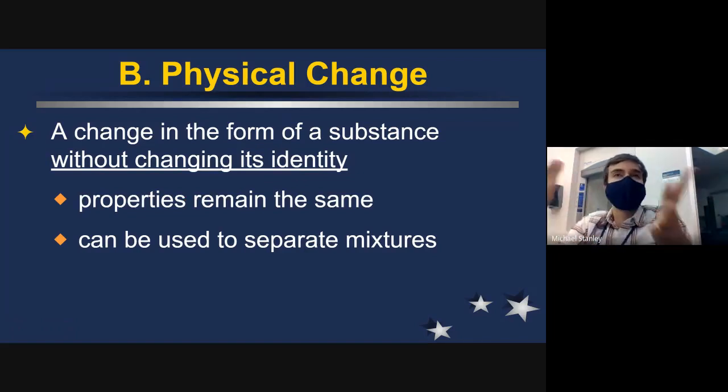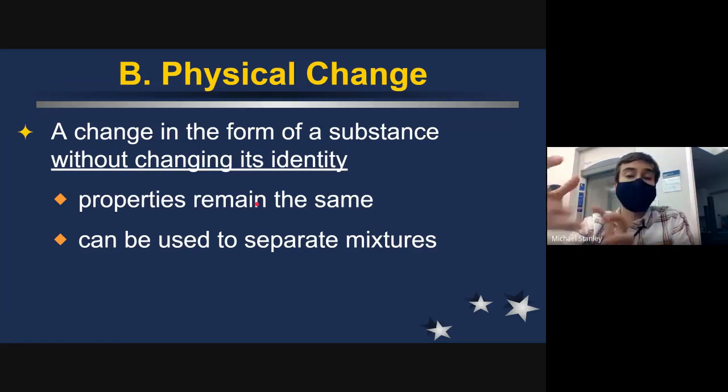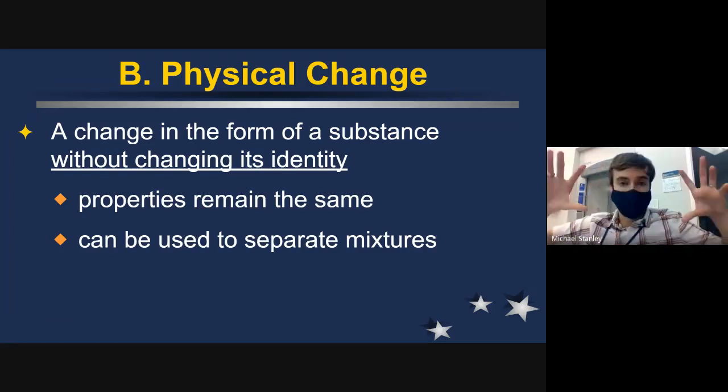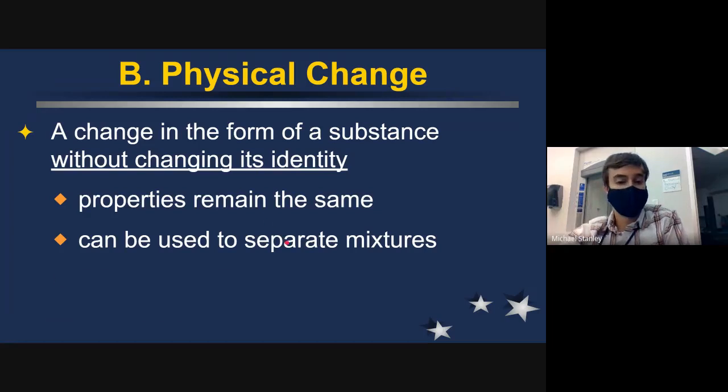Sure, maybe they might be a different size or a different weight when you break them up into pieces. But like in our metal example, it's still metal. They're all still going to be hard and dense and gray and shiny and smooth on the top. So most of the physical properties remain the same. It's still metal. It's just in 3 smaller chunks instead of in one big piece.